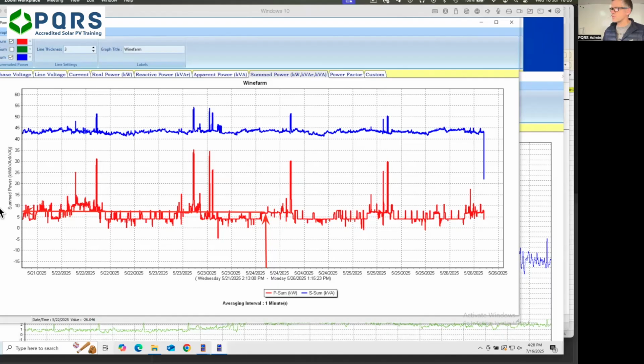Let's change it to be the same color as I'm going to make it slightly lighter. So in this particular graph, we are sitting with a 7.5 kilowatt load, but we are sitting with a significantly higher kVA.